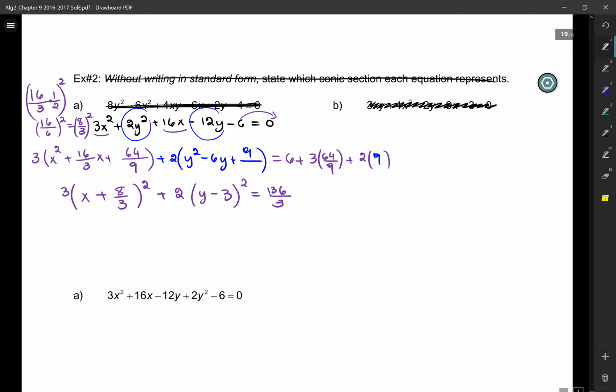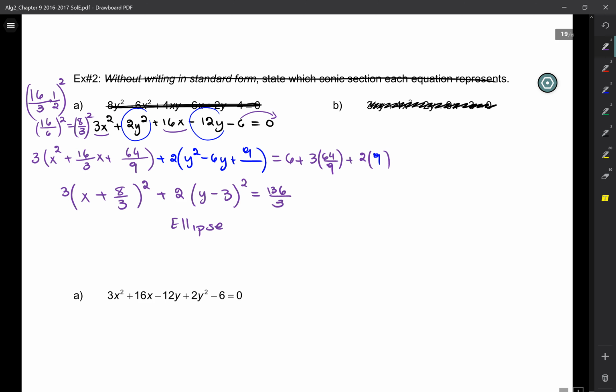I used my calculator on that one. Okay. So again, we have the x squared, the y squared, the coefficients are different. This is definitely an ellipse. Okay?